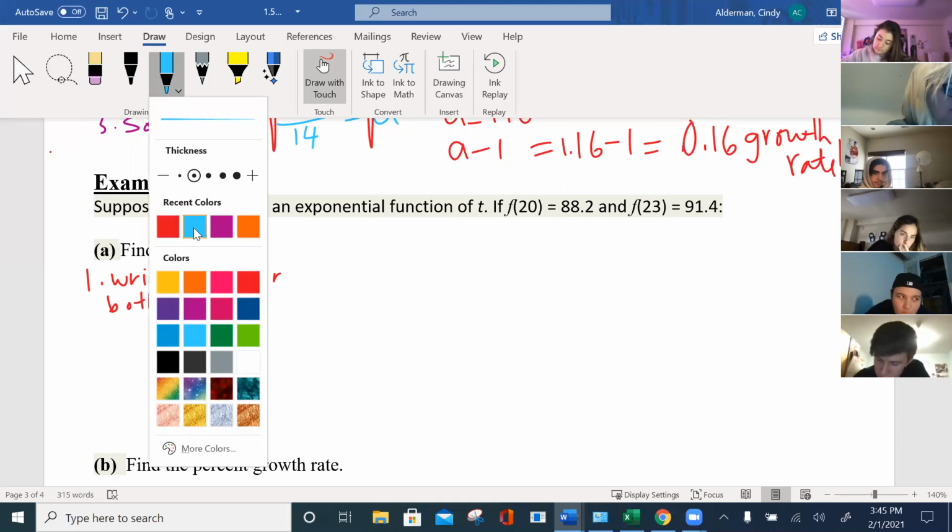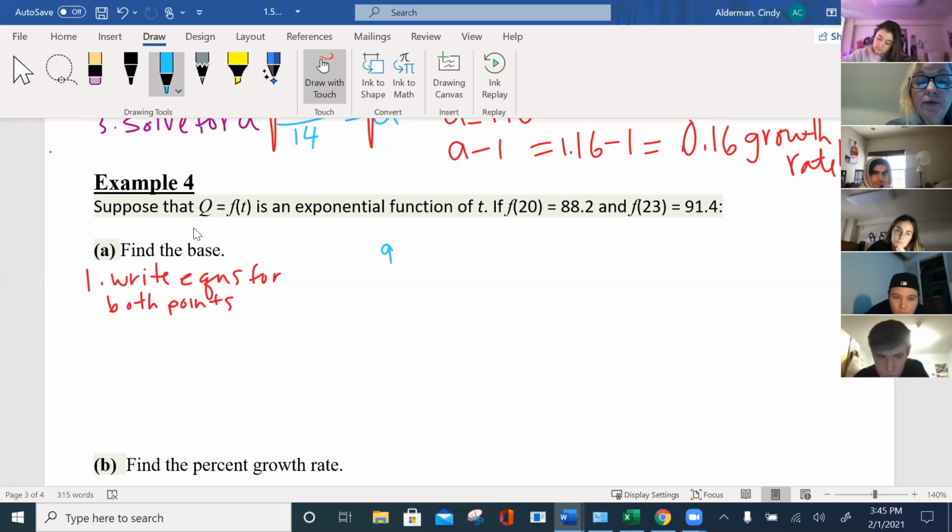So one equation could be that 91.4 is equal to whatever the initial value is. Notice they don't give you the initial value here, times the growth factor, and the t that goes with 91.4 is 23.